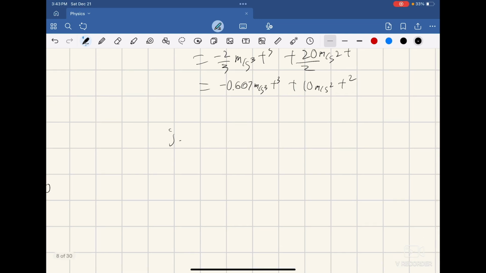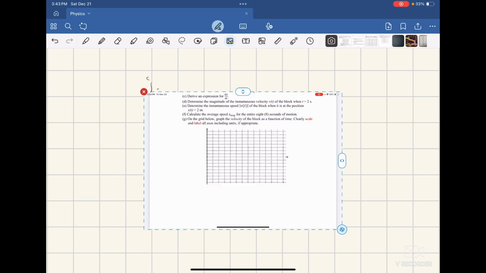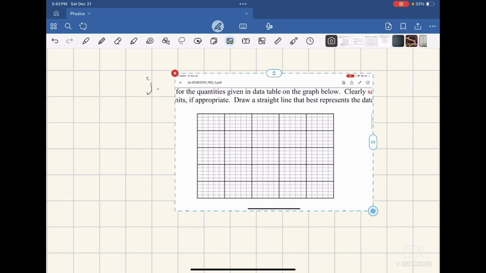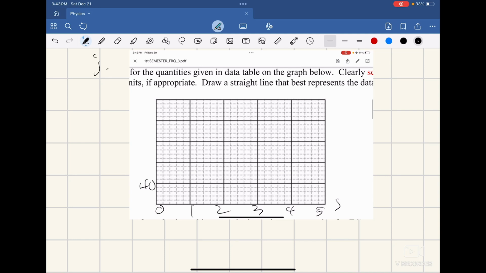So for j, we're using a graph yet again. Get the graph, wrong one, sorry, this one. We are asked to sketch a position versus time graph on the grid from 0 to 5. So 0, 1, 2, 3, 4, 5, there's the seconds, and then we can do 40, 80, 120, 160, and 200.